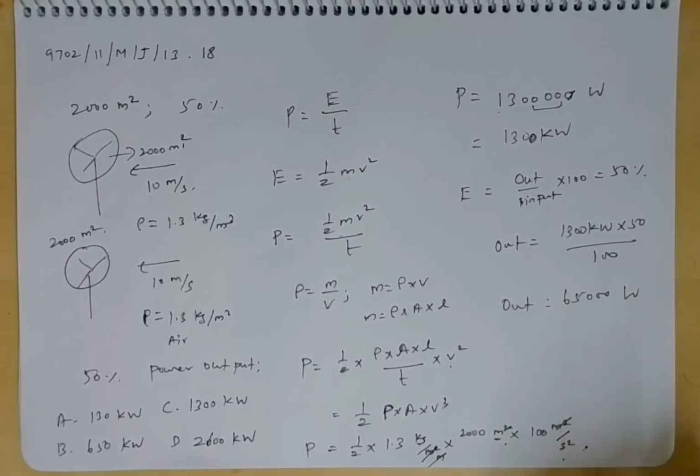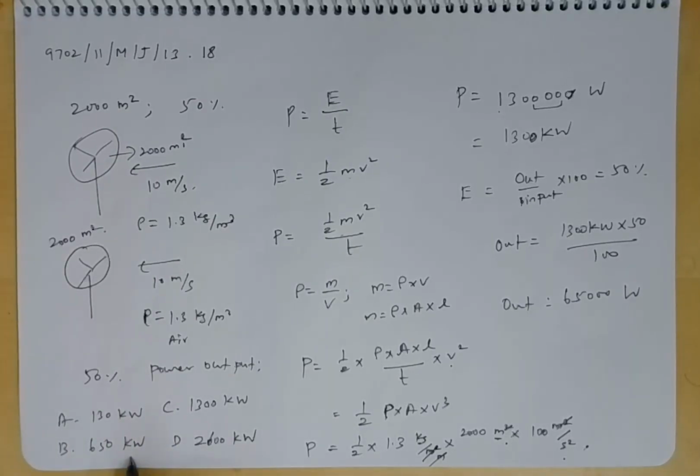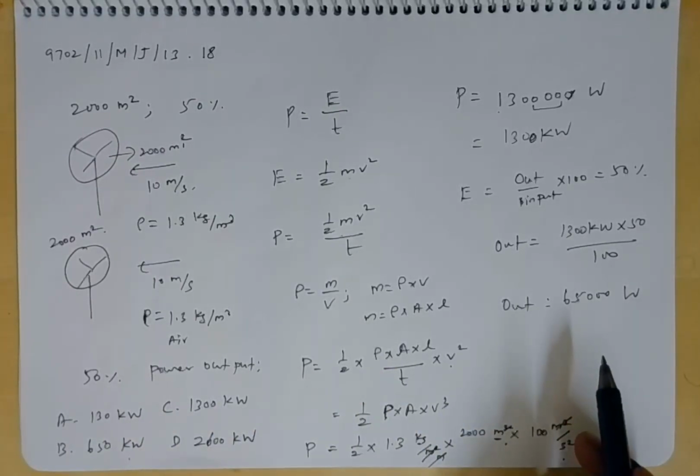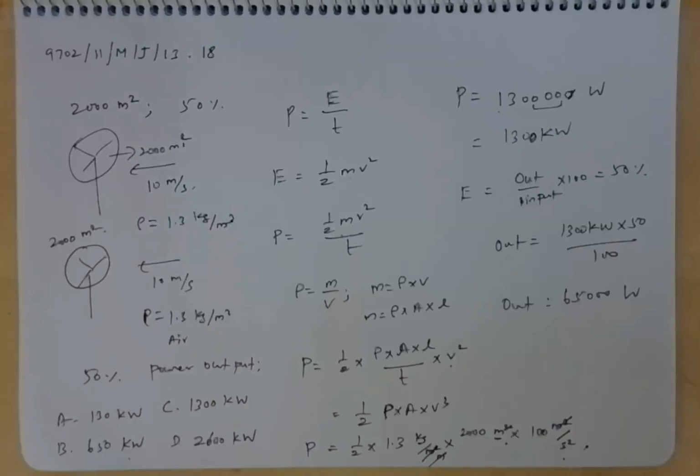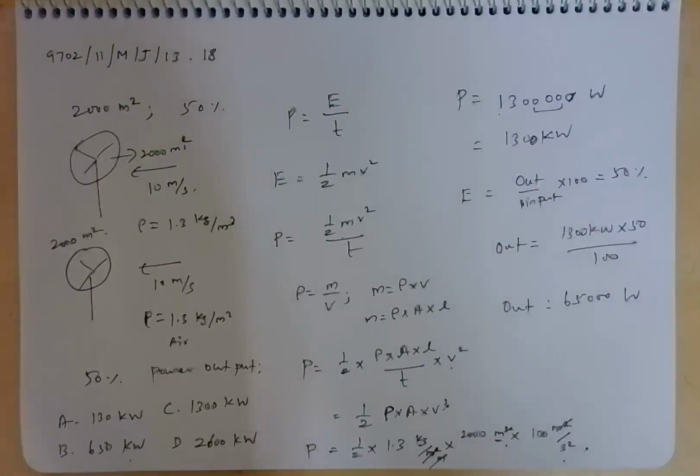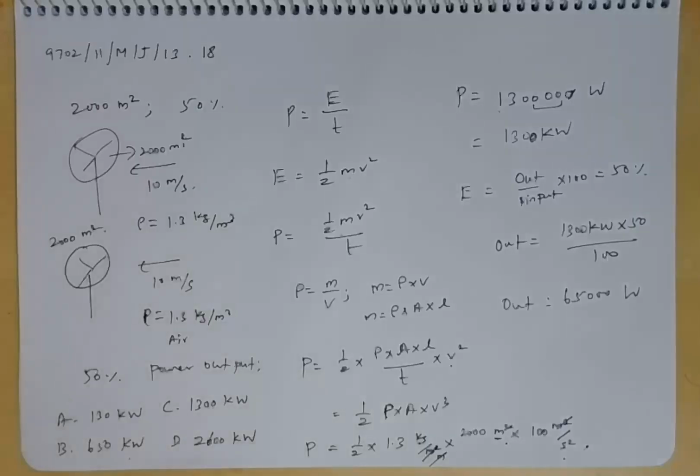Figure out where we made the mistake, sir. Because we have 650 kilowatt, but this is just 65 kilowatt. Did we miss anything? 10 into 10, 100, 2000. One minute, where's my calculator? Okay, it's 0.5 into 1.3.